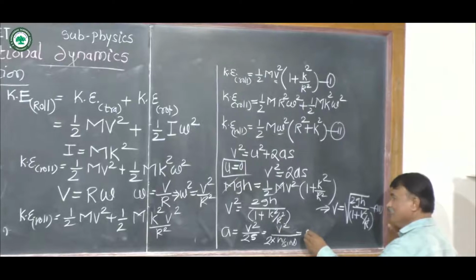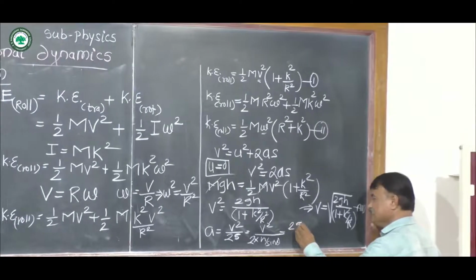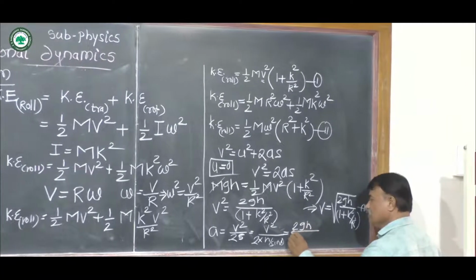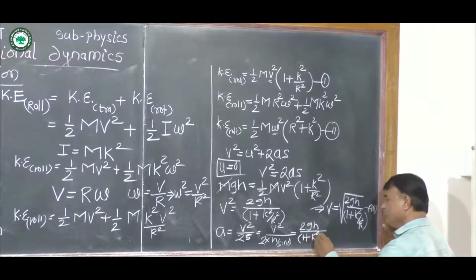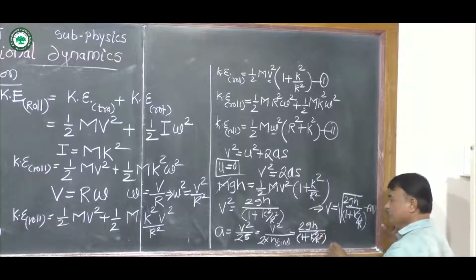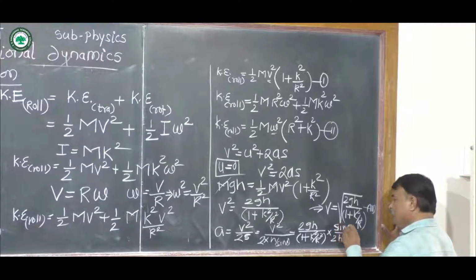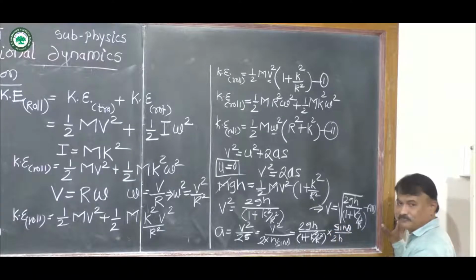So we write twice gh upon 1 plus k square upon r square into 1 upon 2h, divided by sin theta. So here we get sin theta upon twice h.